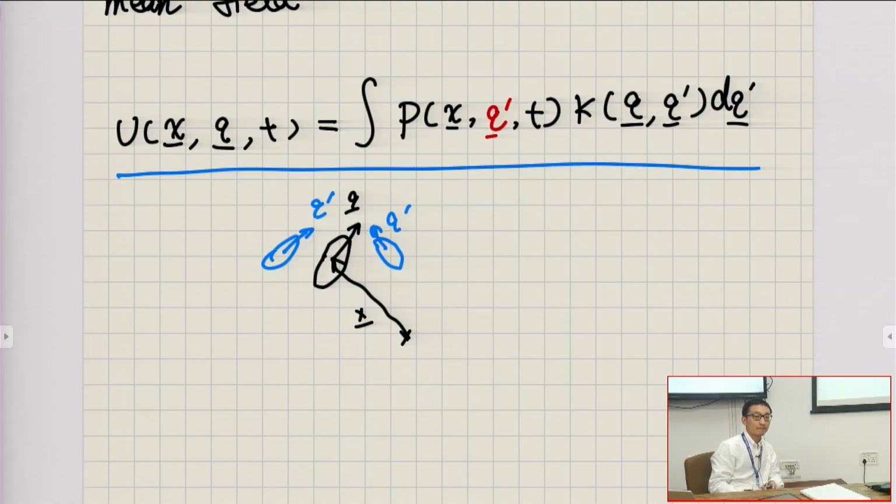The distribution tells me the orientational distribution of q prime, and you add them up because it literally adds up. The swimmers' orientations are randomly oriented locally. So that's just the net potential I'm getting from my neighbors.